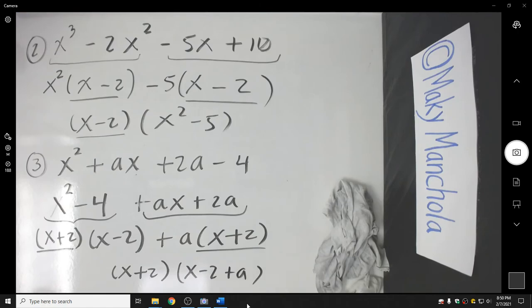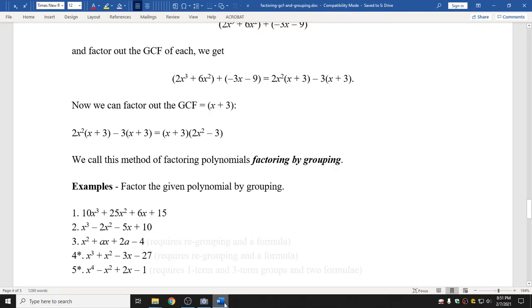Okay, so in this exercise, we have come across the possibility that you might need to rearrange terms for the grouping method to be successful. Let's try one more example. Let's try number 4.